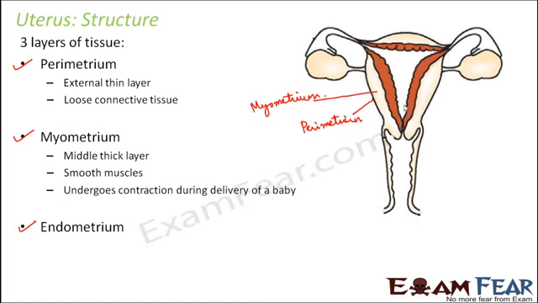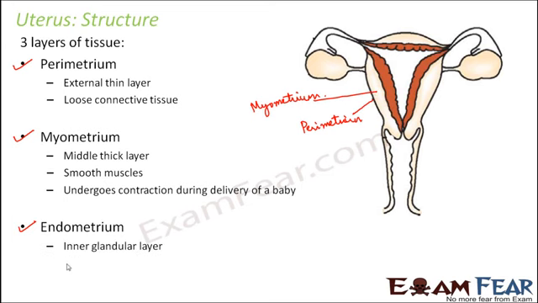Now when the baby is fully grown and matured, it wants to come out of the female's body. How will the baby come out? The walls of the uterus undergo contraction, and that is how they push the baby in the downward direction. So this contraction is done by the middle layer, the thick layer called myometrium.